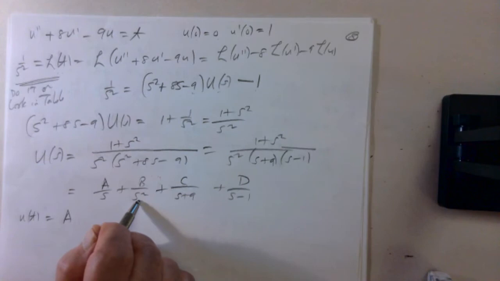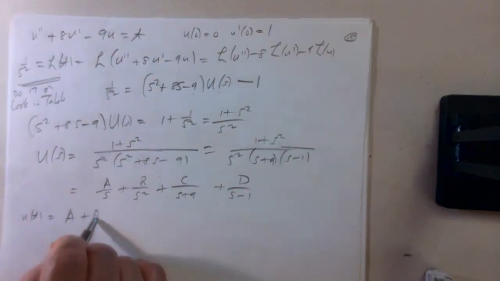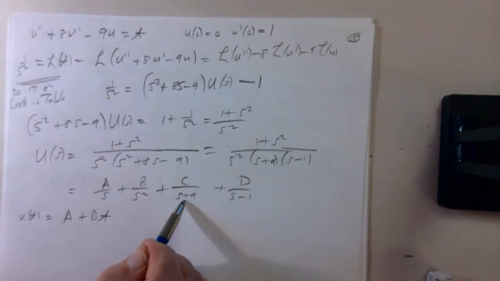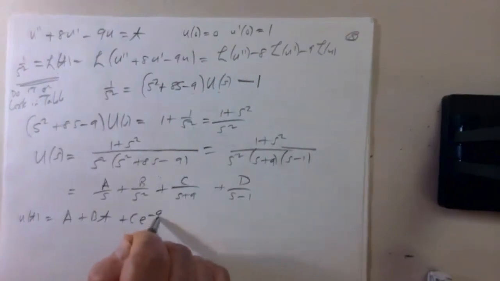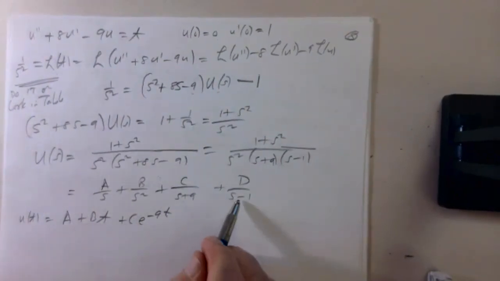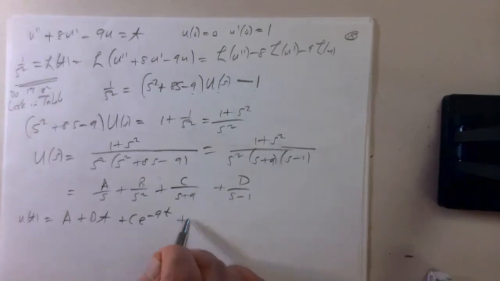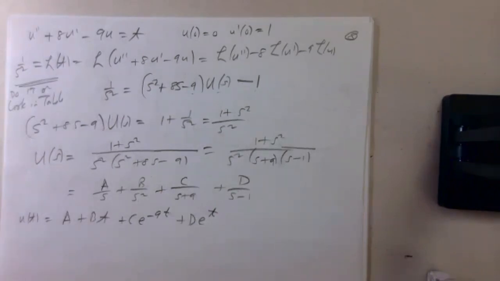The inverse Laplace transform of 1 over s squared is t. The inverse Laplace transform of 1 over s plus 9 is e to the minus 9t. The inverse Laplace transform of 1 over s minus 1 is e to the plus t. So this is the solution once I find what a, b, c, and d are.